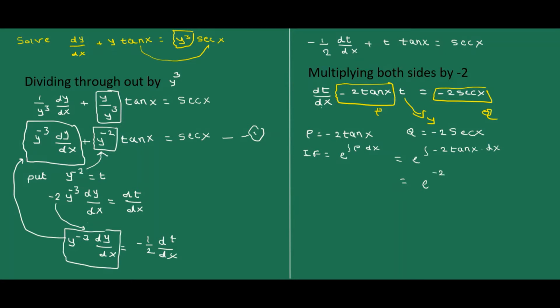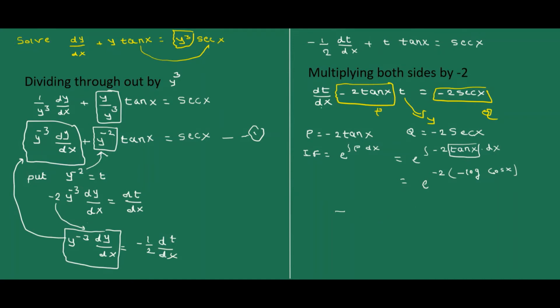What is the integration of tan x? The integration of tan x is equal to minus log cos x, because the minus I will write as it is. What is the differentiation of log cos x? 1 divided by cos x into the differentiation of cos x, which is minus sin x. This minus minus becomes plus, and sin x by cos x is equal to tan x. So the integration of tan x is minus log cos x.